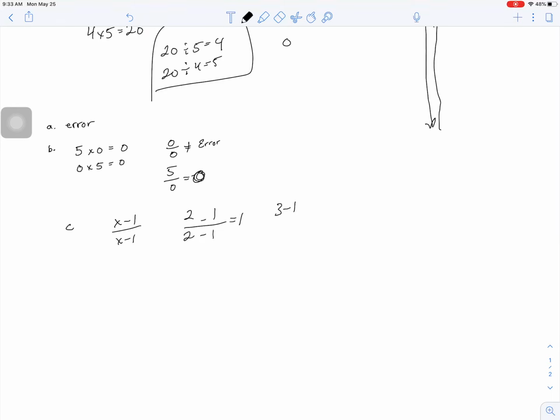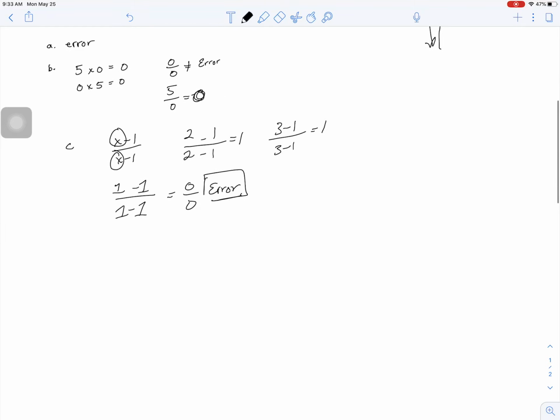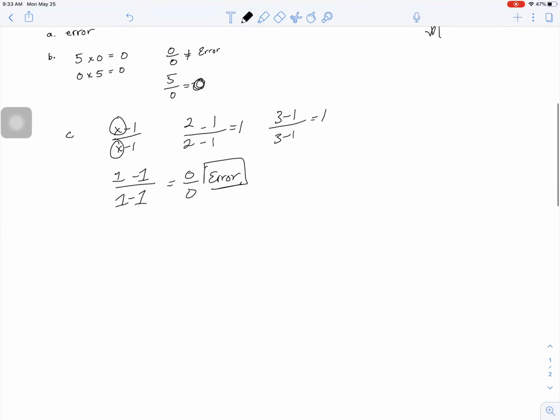It's going to equal 1. And 3, for example, 3 minus 1, it's going to equal 1. The only chance it's not going to work is if you substitute in 1, because you have 1 minus 1 over 1 minus 1, and you'd have 0 over 0, which is an error. So that will not work.